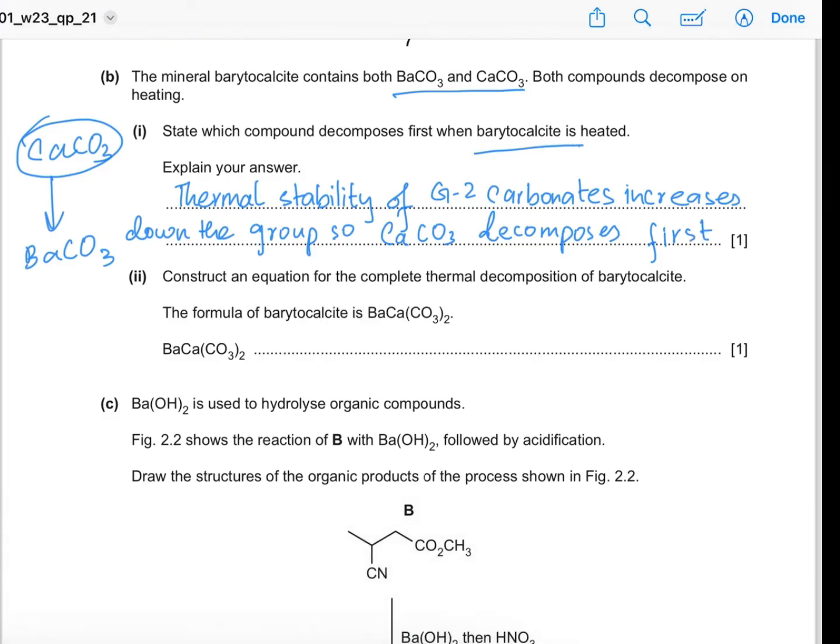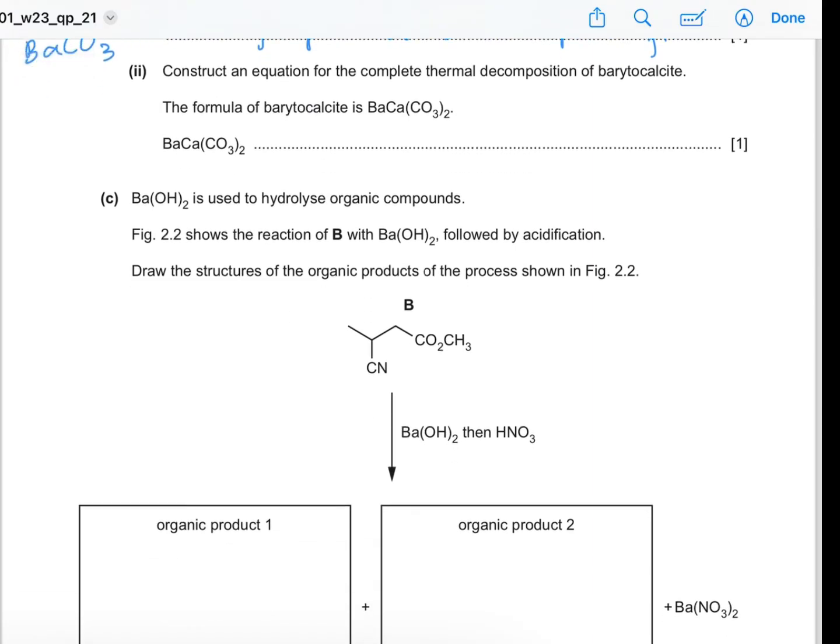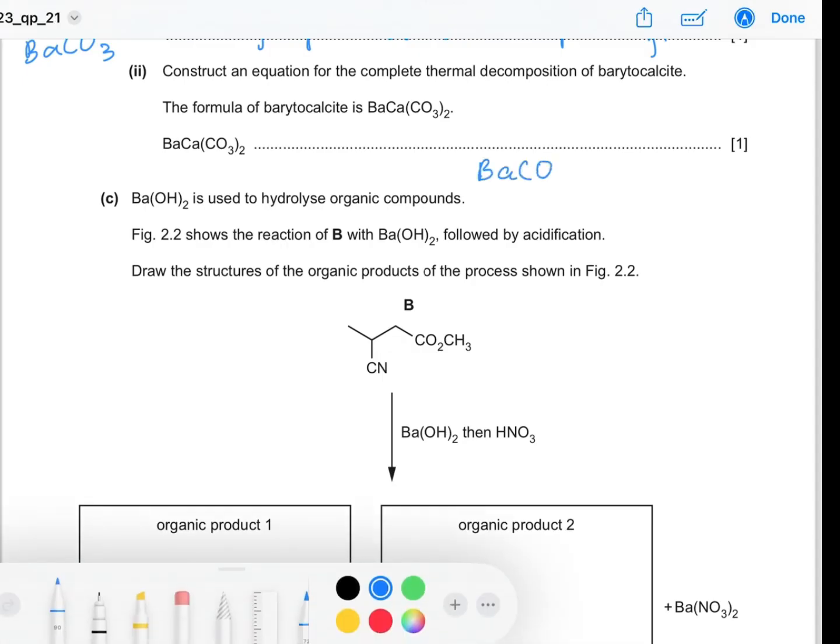Part 2. Construct an equation for the complete thermal decomposition of barytocalcite. The formula is given. Let me start by writing the equations for thermal decomposition of barium and calcium carbonate. So you have barium oxide and carbon dioxide for the products here, and then you have calcium carbonate which also forms calcium oxide and carbon dioxide.